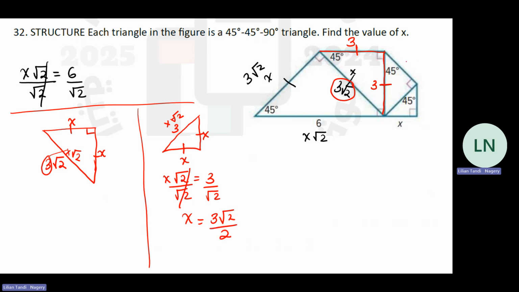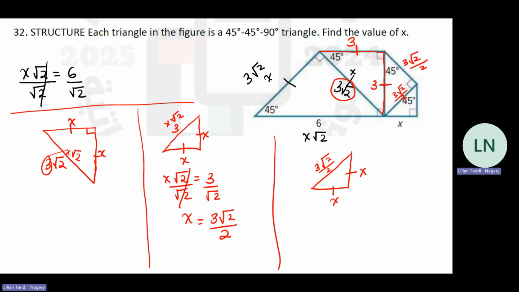So that you will write it here, 3 square root 2 over 2. And you will write here 3 square root 2 over 2. So now let's do the small triangle. Okay. So here we have 3 square root 2 over 2, and we want to find x.